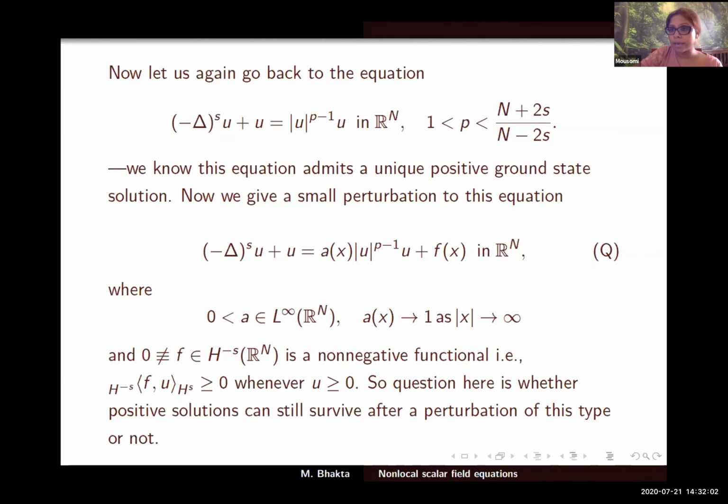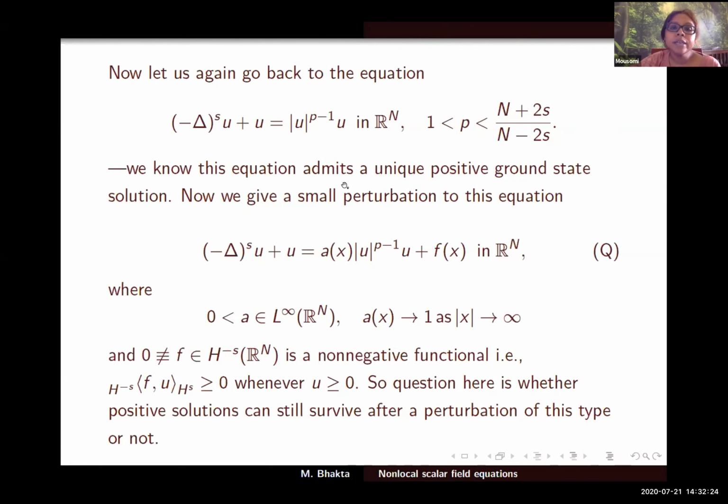Okay, so I go back to this equation E, when the potential function V is 1 and the nonlinearity is again subcritical. I just said that we know the uniqueness of the ground state solution for this one from Frank, Lenzmann and Silvestre.